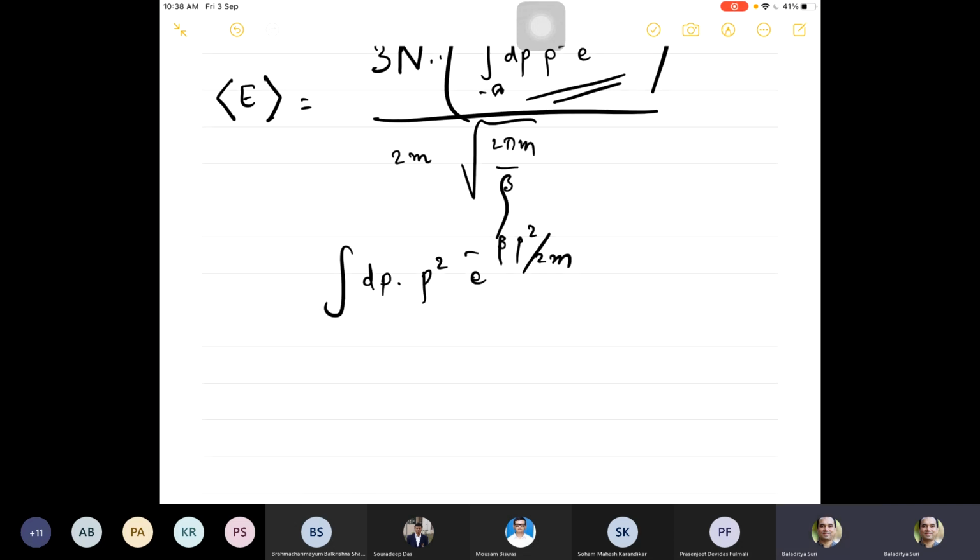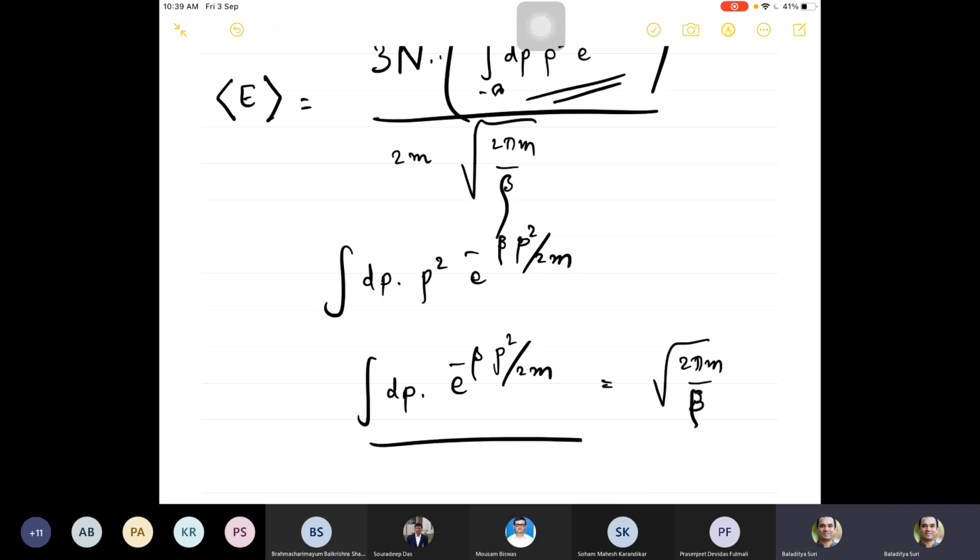We don't know how to do this, but what we know is the following. We know integral dp e to the power of minus beta p squared by 2m is equal to square root of 2 pi m by beta. This looks very, very similar.